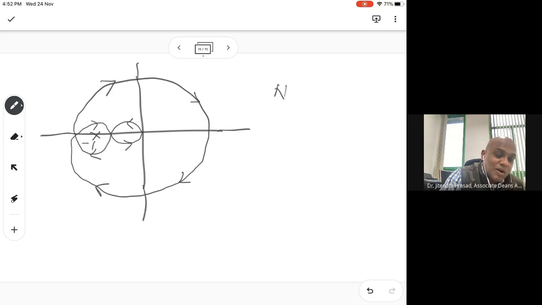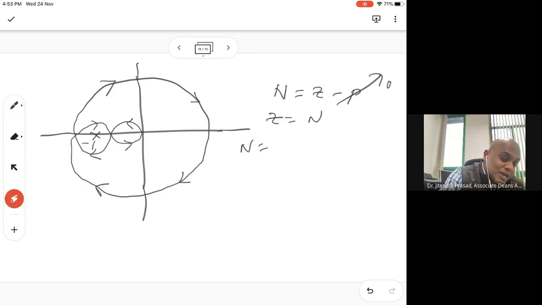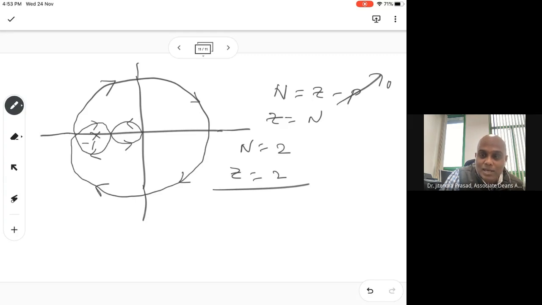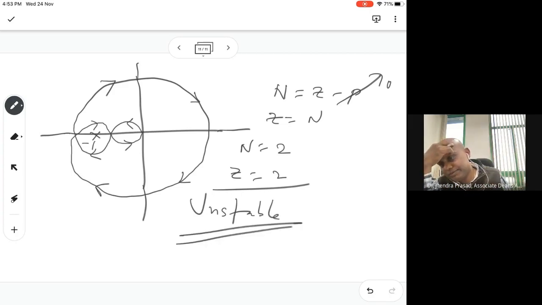N equal to Z minus P, where P equal to 0, which is given. So Z equal to N, and N has to be clockwise. We have this clockwise and this clockwise, so N equal to 2. That really means Z equal to 2, so there are 2 zeros on the right s-plane. That means unstable. Got it?